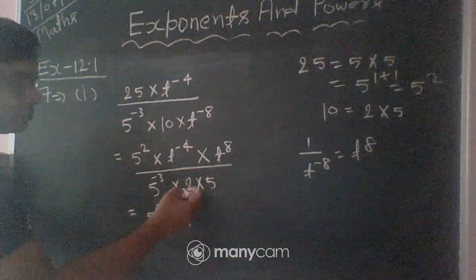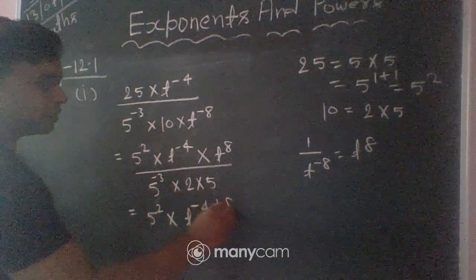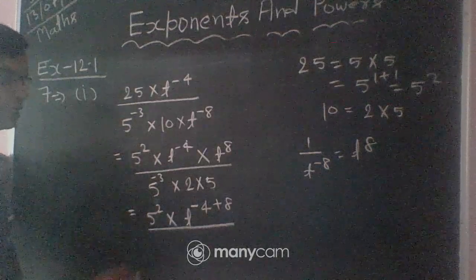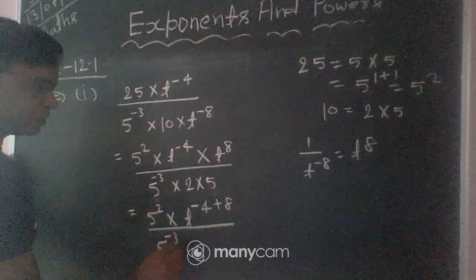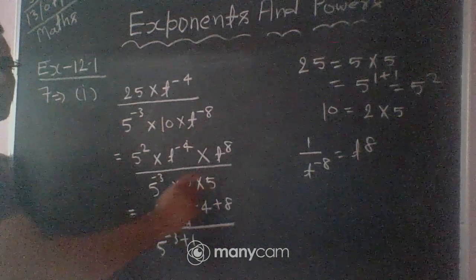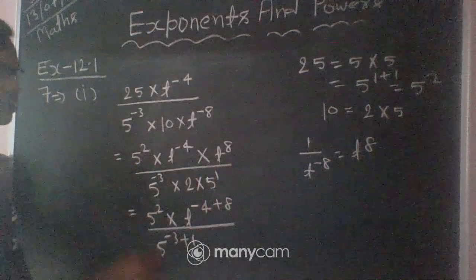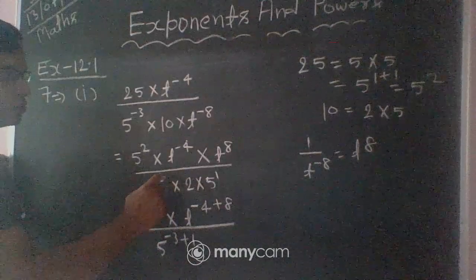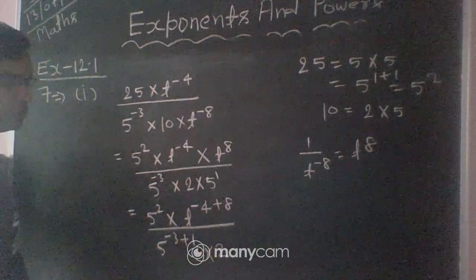So you can write here minus 4 plus 8, and here 5 power minus 3 plus 1, because here 5 is nothing but 5 power 1.